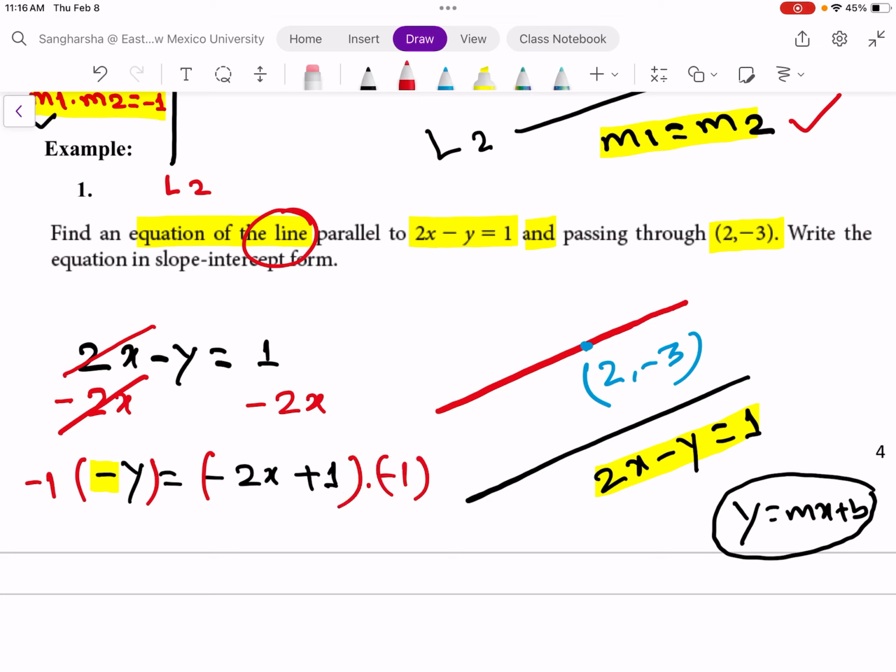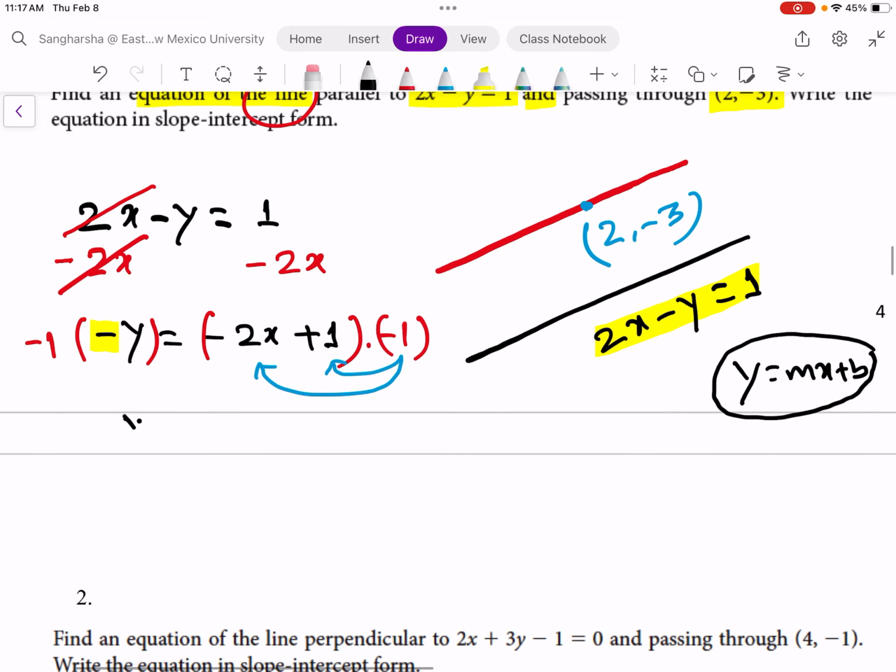On the right side we have to distribute this negative 1 for negative 2x as well as positive 1. Negative 1 times negative y is positive y, equals negative 1 times negative 2x, that is positive 2x, and negative 1 times positive 1 is negative 1.